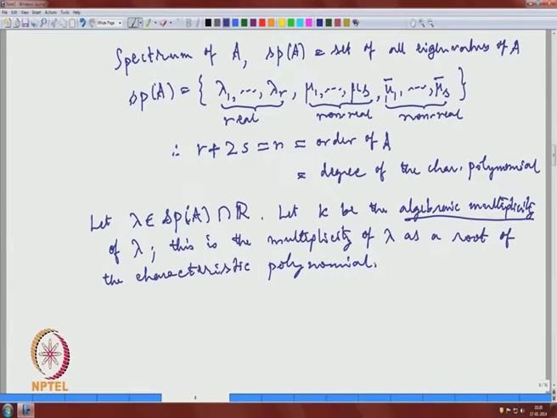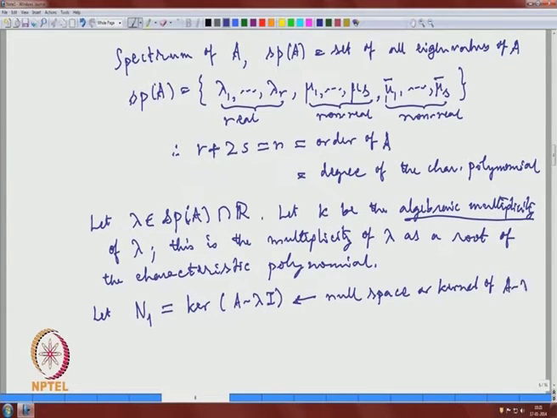So, there is another notion called geometric multiplicity. For that we have to introduce a subspace. So, let N 1 be the kernel of A minus lambda I. Okay. So, this is the null space, or kernel, of A minus lambda I. Okay.